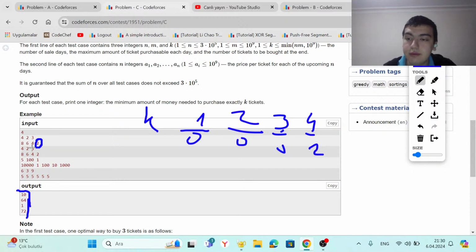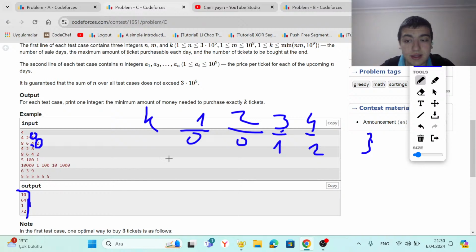After that, the smallest element after this element is this one. We should buy tickets from here. We can buy one ticket, so that we have bought three tickets, because k is equal to 3. So we should buy exactly 3 tickets.